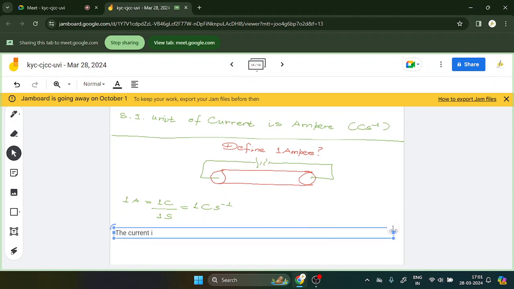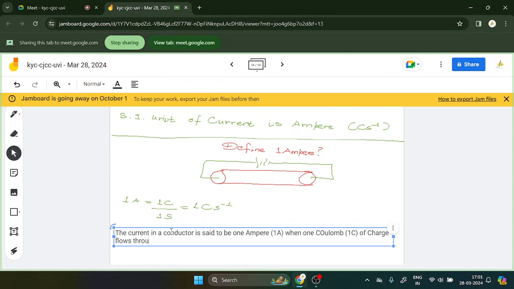I am writing here a very easy definition. You just have to make the definition by yourself. The current in a conductor is said to be 1 ampere, or you can say 1A, when 1 coulomb of charge flows through the conductor in 1 second.